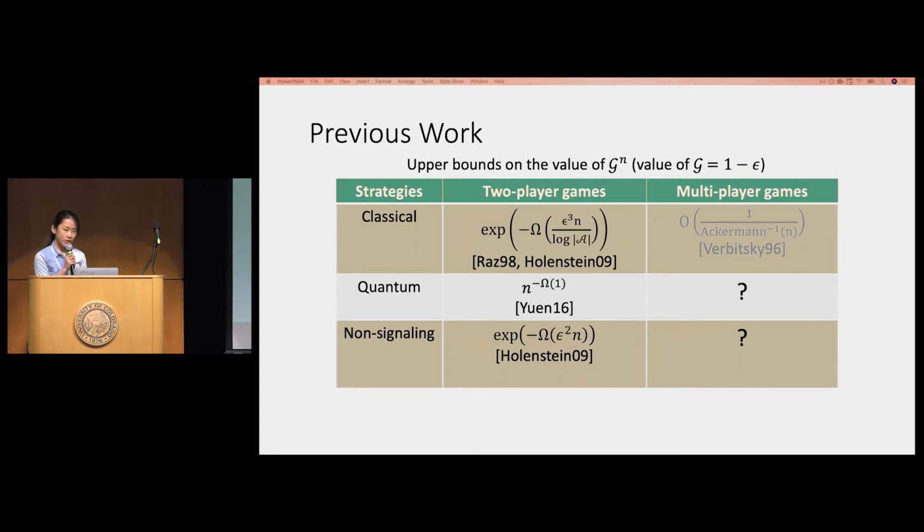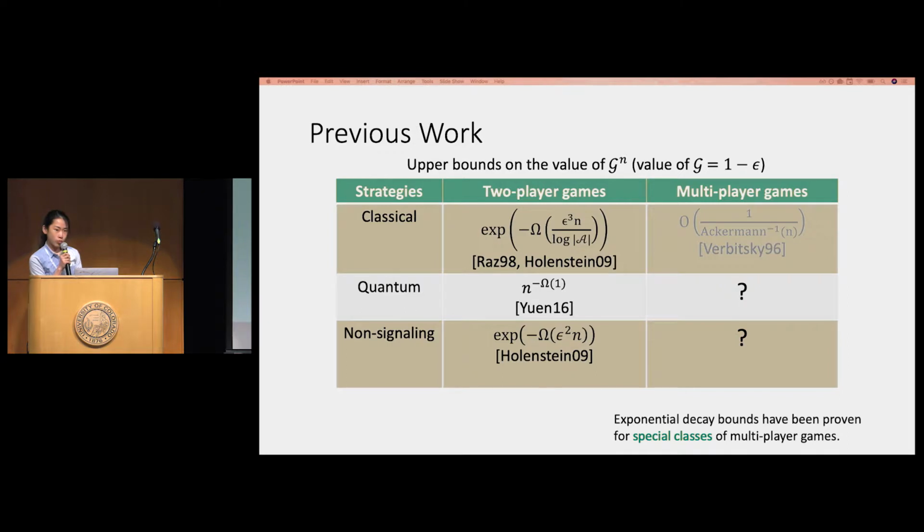And then for quantum and non-signaling strategies, we don't actually have any bounds for general multiplayer games. We do have exponential decay bounds for special classes of games, and I won't get into those here, but they include things such as connected games in the classical case, fortified games, anchored games in the quantum case, and complete support games in the non-signaling case.